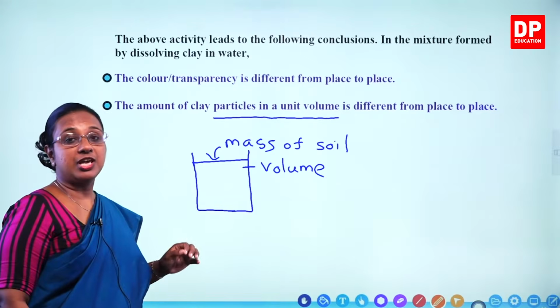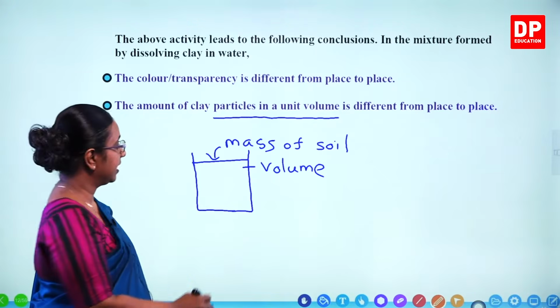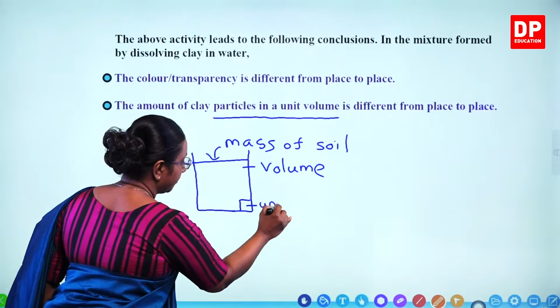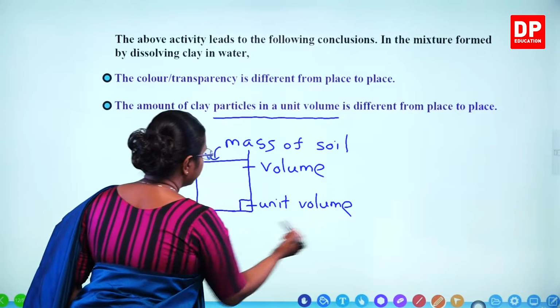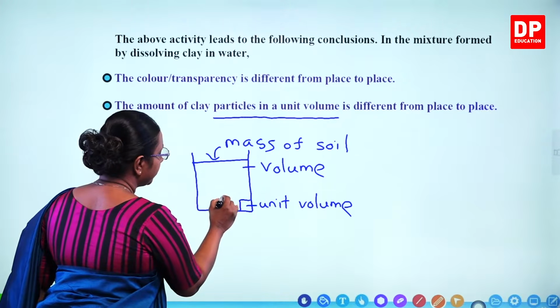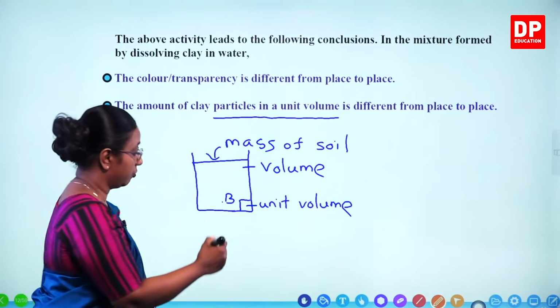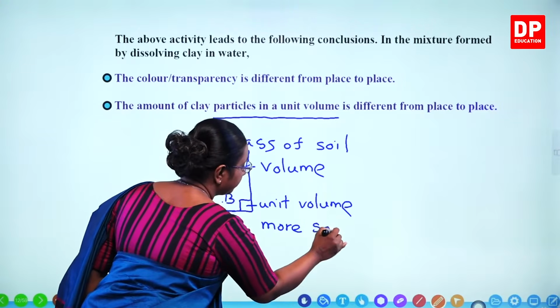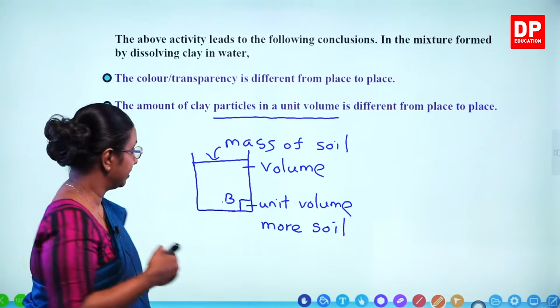And if you take a unit volume of the solution, as we saw before, since this is point B, here the amount is more. More soil. That is why less transparency, darker color.